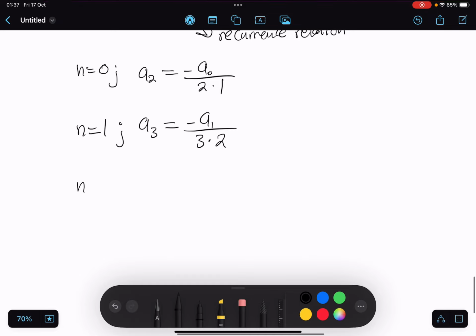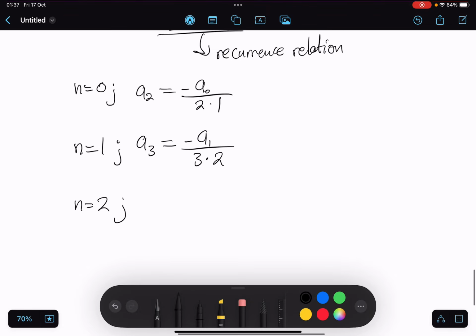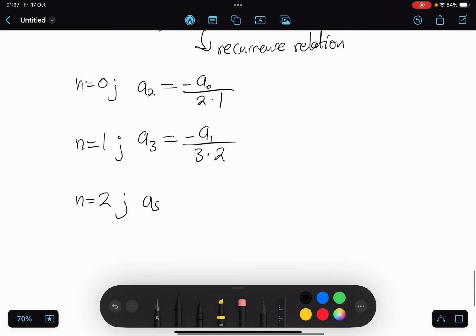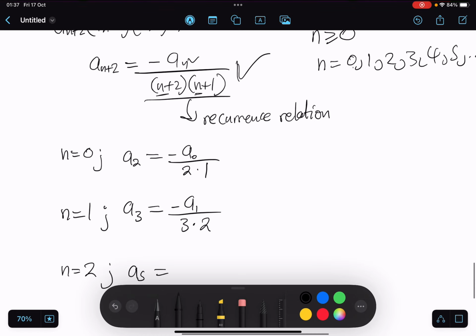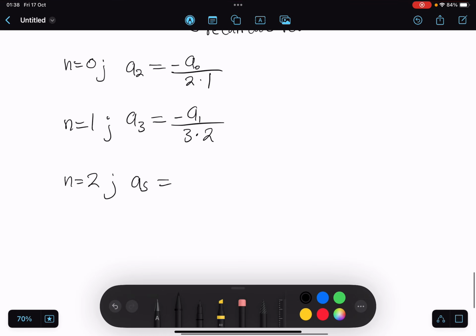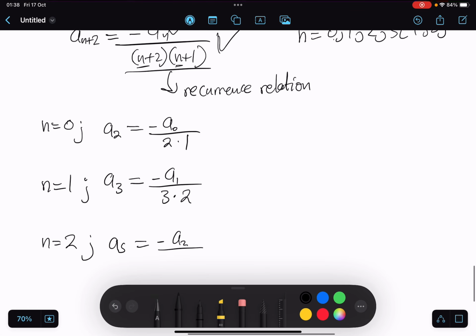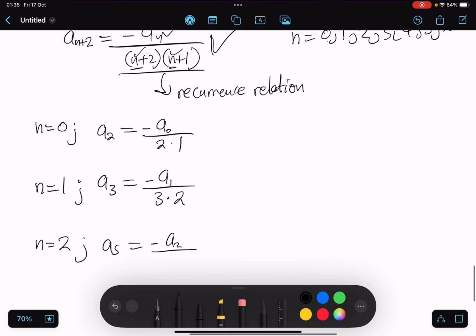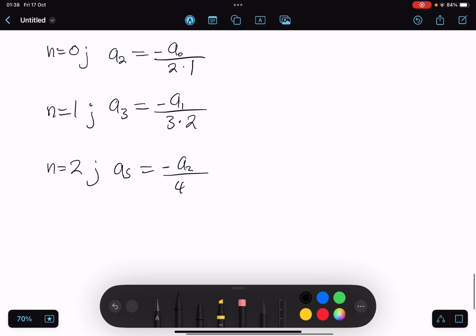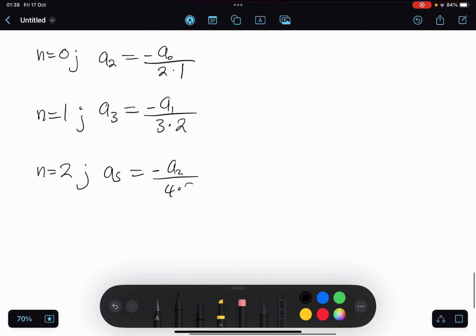And then n is equal to 2. This is going to be a4, which is equal to minus a2 over, where there's n here you put 2, so it's going to be 4 times 3.